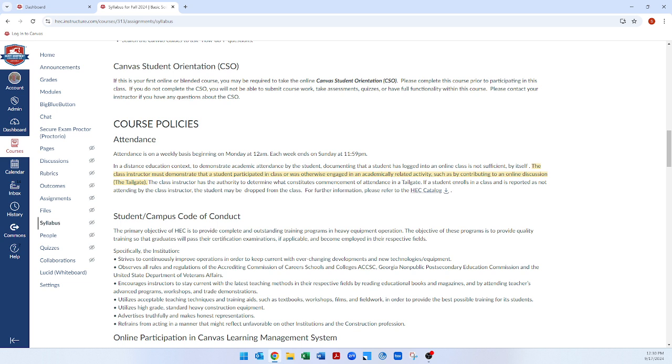That's what I prefer. It's not what I require, but I prefer that you post something in the discussion that's relevant. If you complete an assignment, that will do. If you complete a quiz, that will do for verifying your attendance.